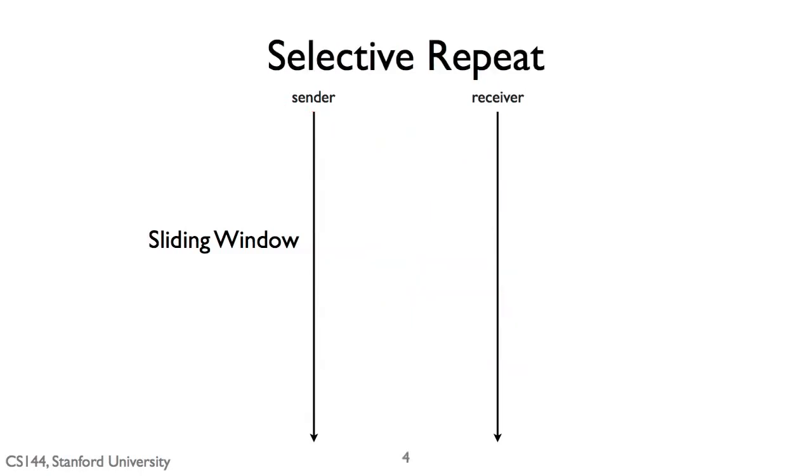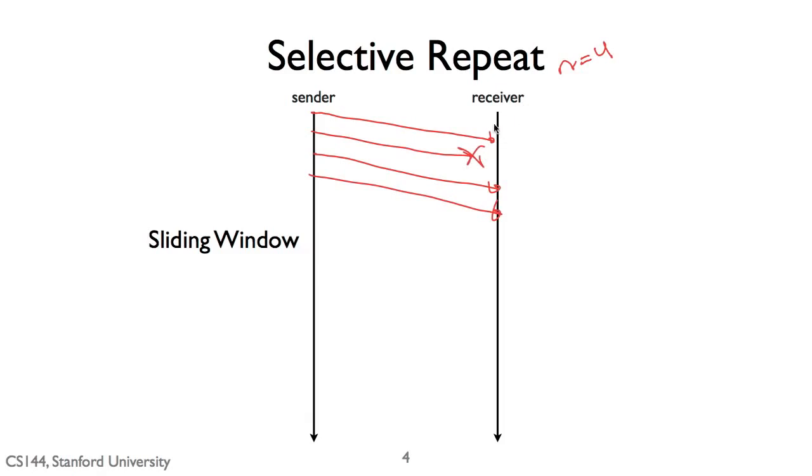So now let's see what a selective repeat protocol will do. So again, N equals 4. We transmit 1, 2, 3, 4. Packet 2 is lost. Packet 1 is acknowledged, which lets us send 5.